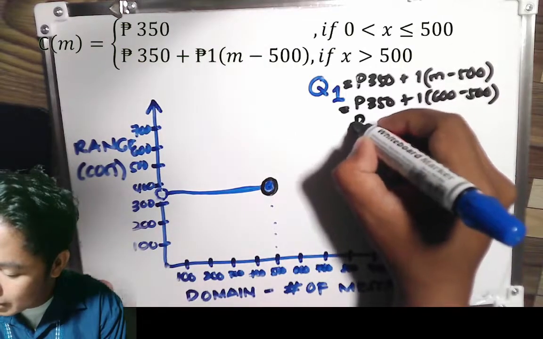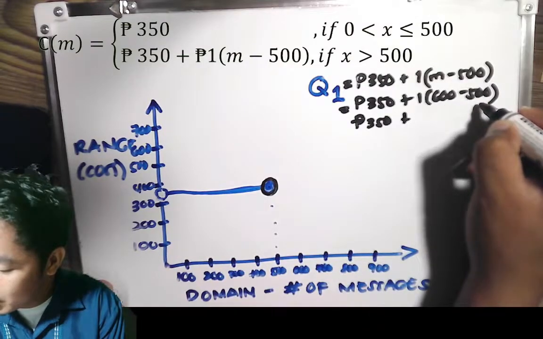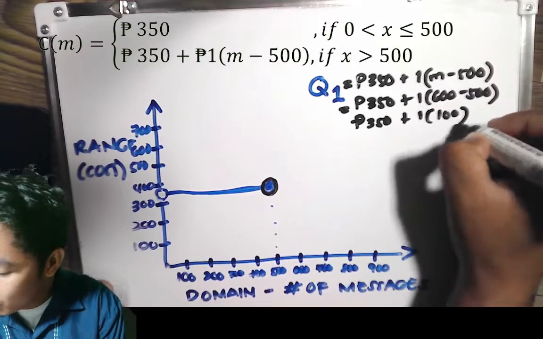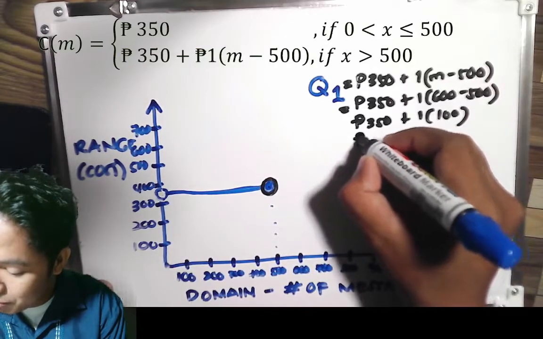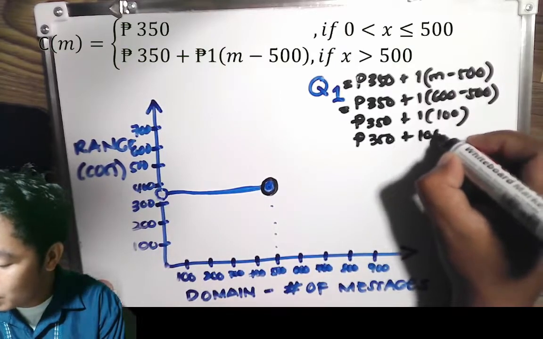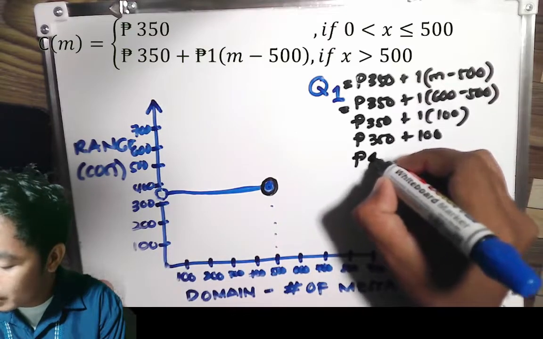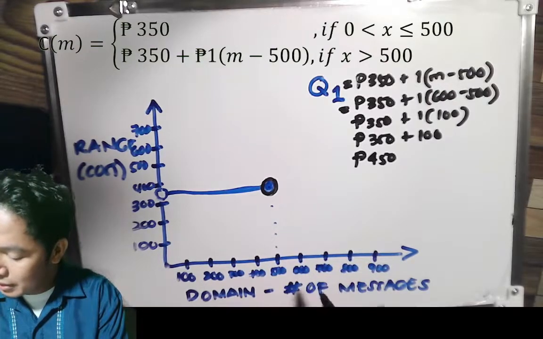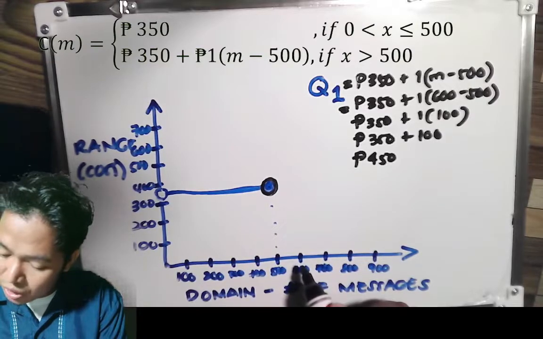Then, 350 pesos plus 600 minus 500 is 100. So, 1 times 100. Then, 350 plus 1 times 100 is 100. So, ibig sabihin, that is 350 plus 100 is 450. So, kapag ang ating number of messages is 600, ang kailangan niyang bayaran is 450.